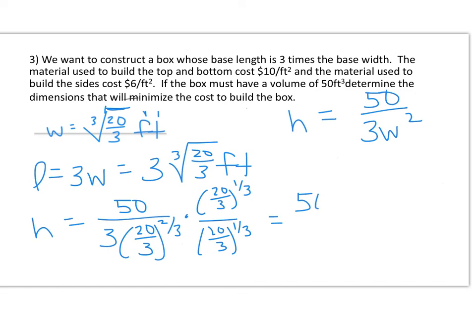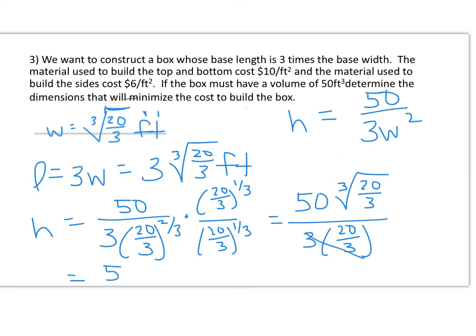So now I have 50 times the cubed root of 20 over 3, all over 3 times 20 over 3. So my 3's wipe out. So I'm left with 5/2 the cubed root of 20 over 3. And we don't want to forget our units, so that is in feet. So we have our height, we have our width, and we have our length.